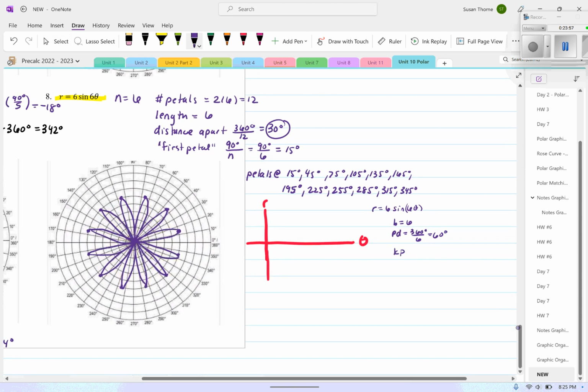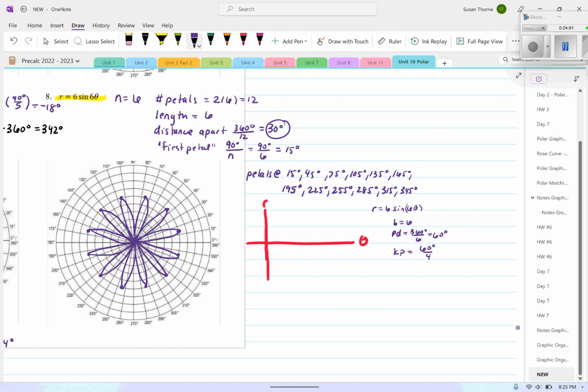And then the key points are 60 degrees divided by 4 equal parts, which gives us, again, 15 degrees. So this would be 15 degrees, another 15 is 30, another 15 is 45, and 60. So for our sine graph, because it's positive, it's going to go up from the midline starting at the r. So it goes up, back to midline, down, and back. So this would be our graph.